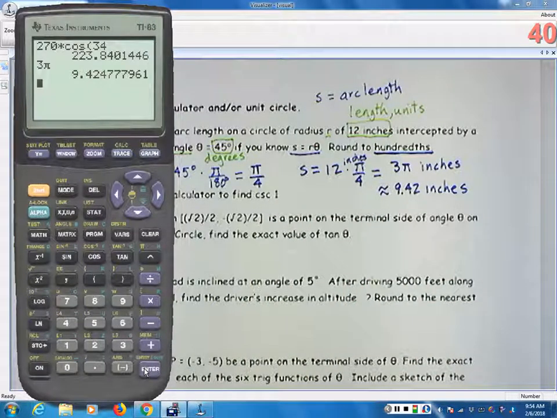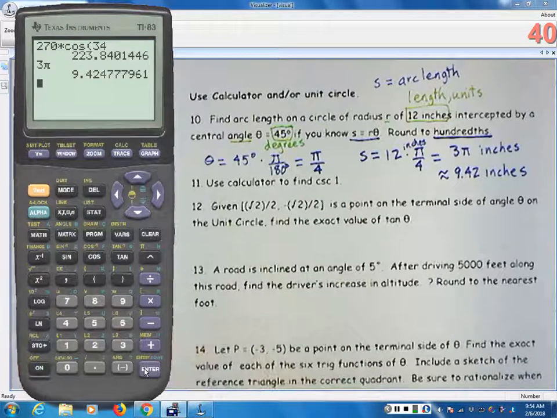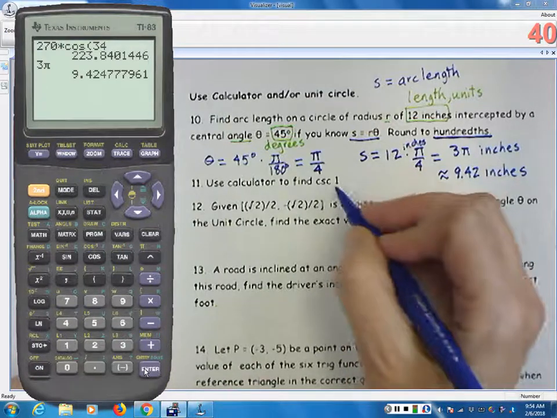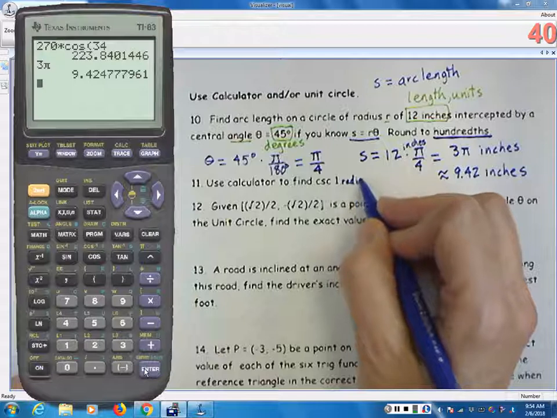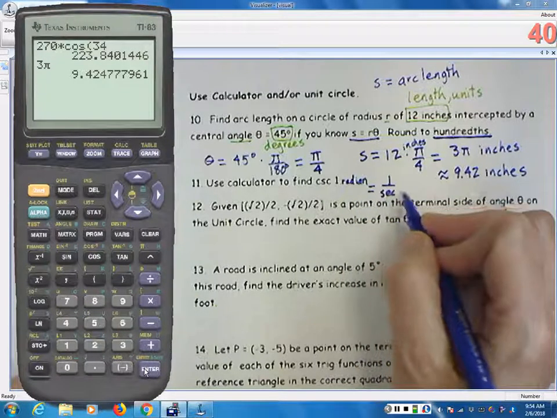All right, and then use the calculator to find cosecant of 1. If it doesn't say degrees, then it's in radians. So this is cosecant of 1 radian, which is 1 over secant of 1.